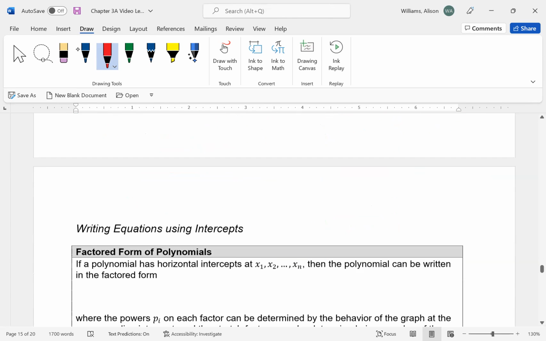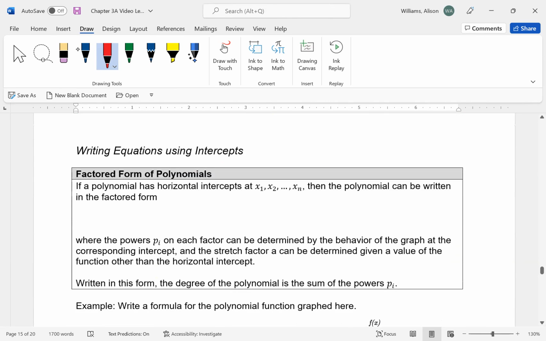Okay, now I do want to also do one more thing, because we just kind of built on this idea from this last example. And that is the idea that we can write our equations based on the intercepts, and we can graph the equations based on those intercepts, get a loose graph. So the factored form of polynomials can allow us to write an equation of a polynomial based on the horizontal intercepts.